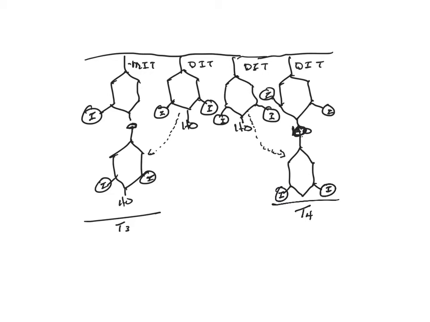If a DIT binds with an MIT, that would be three iodines formed there to form triiodothyronine, T3. If two of the DITs form together, that gives you four iodines, and that becomes T4, or thyroxine.